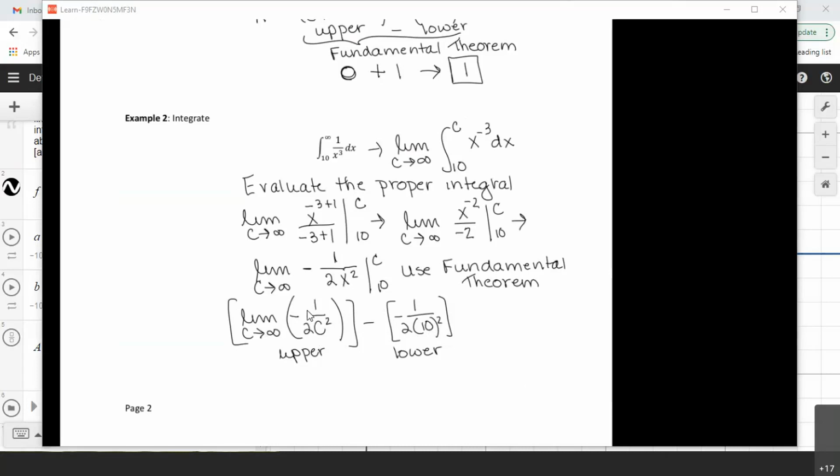Okay, what happens to this? Anybody have a thought? Anybody willing to answer what happens to this fraction as c gets large?